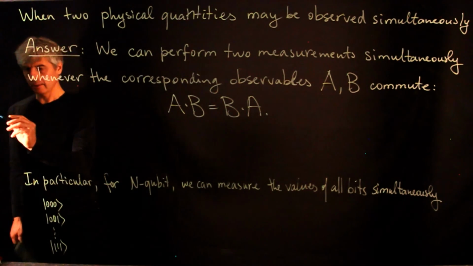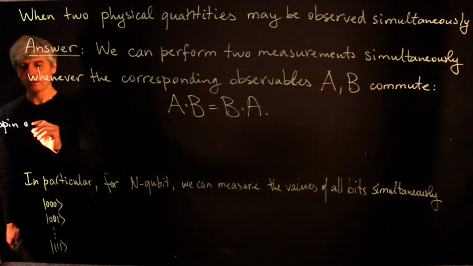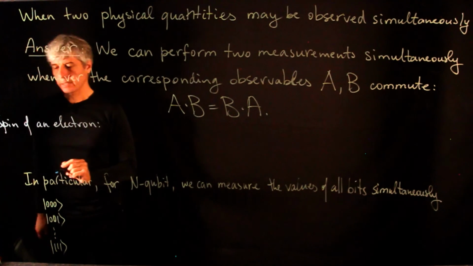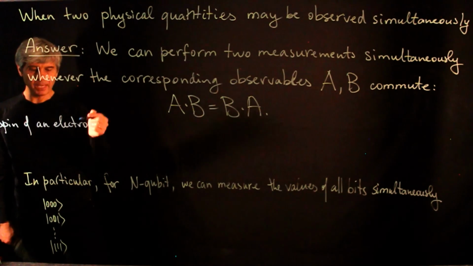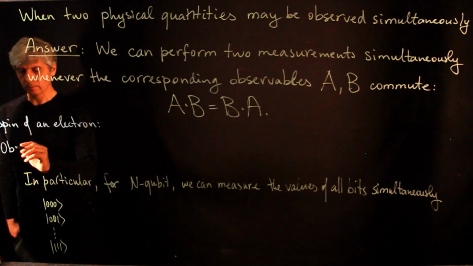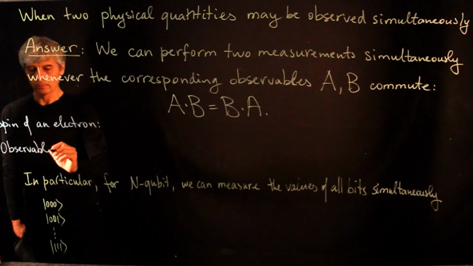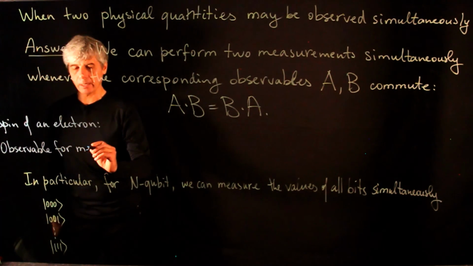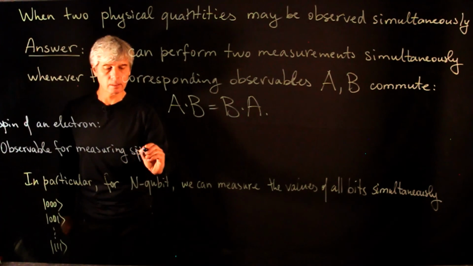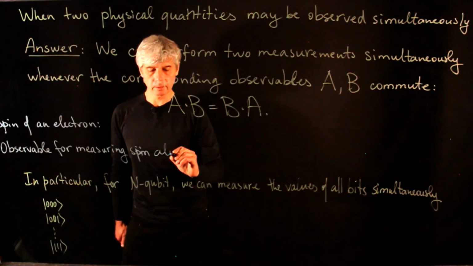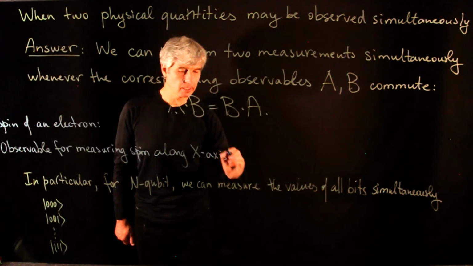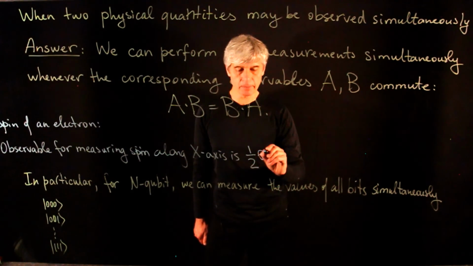But if we take the example of a spin of an electron, then we can measure the spin in any direction, right? And so the observable for measuring spin along the x-axis is given by 1/2 of sigma 1.